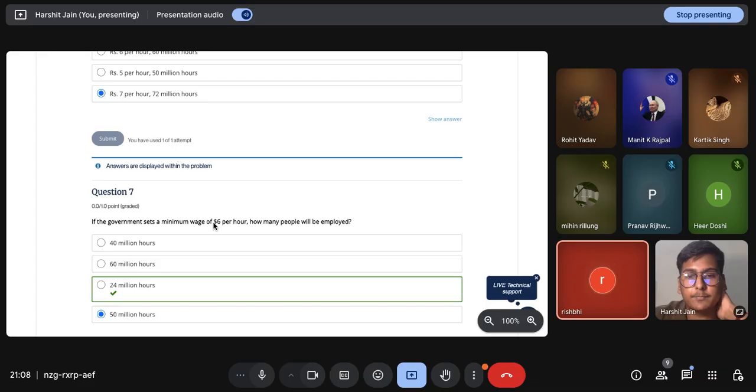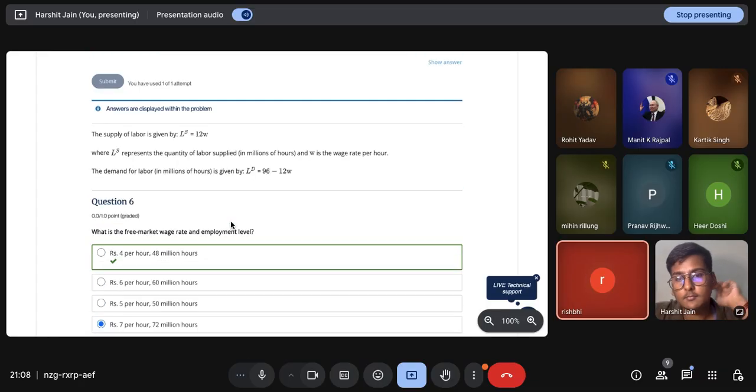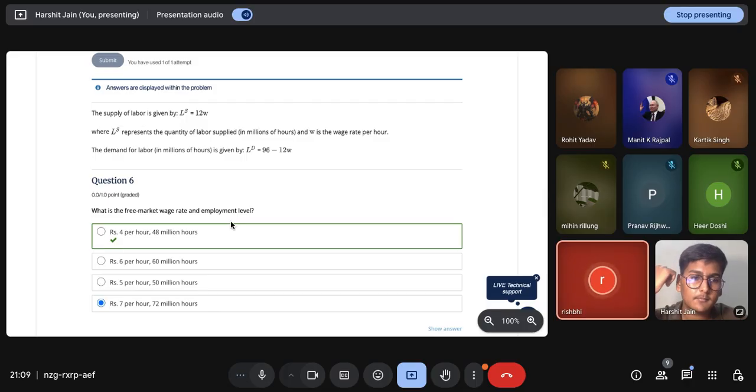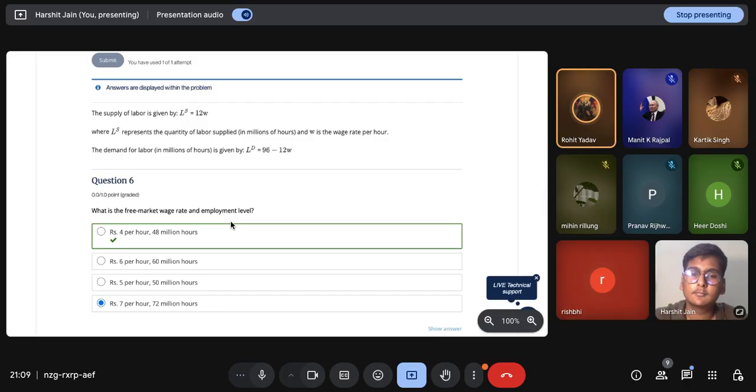Now the government is saying that W is equal to 6 per hour, because they have fixed 6 as our wage rate. So all we need to do is put W equal to 6 and solve the LD equation. It becomes 96 minus 12 into 6, which is 96 minus 72, so that becomes 24. That 24 is the demand for labor in the economy. Clear? Yes.